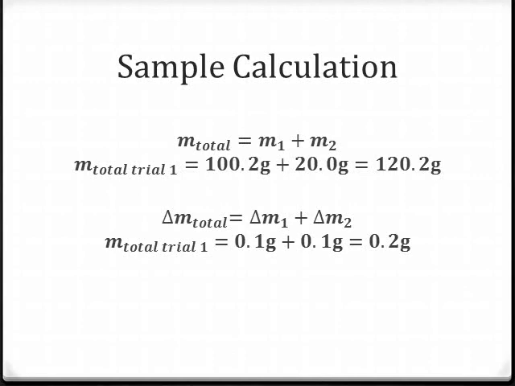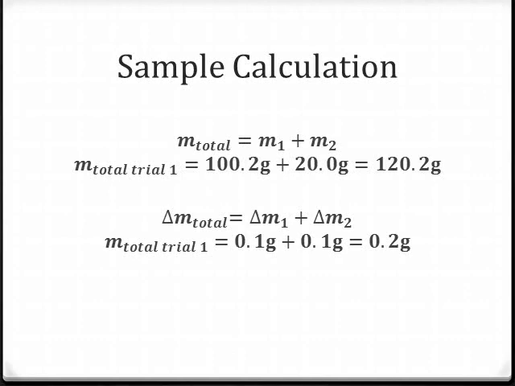Anytime you calculate an uncertainty, you don't justify it in words like we do with measured uncertainties. You have to show a sample calculation. You don't have to show the math for every single one. You just have to show one example for each type. So if you're adding a bunch of masses many times, you only have to show one example.